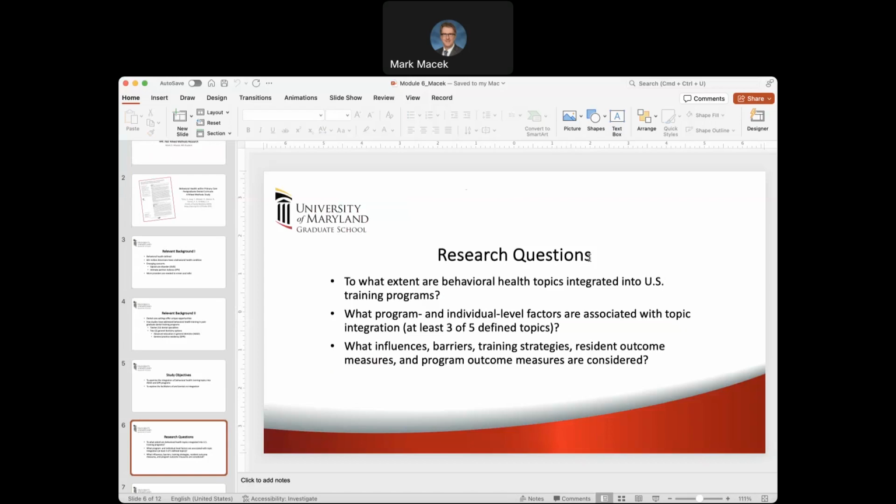The main outcome the authors selected was defined as having at least 3 of 5 defined topics, which included anxiety disorder, depressive disorder, eating disorders, opioid use disorder, and intimate partner violence. The third question was, what influences, barriers, training strategies, resident outcome measures, and program outcome measures are considered in the integration?